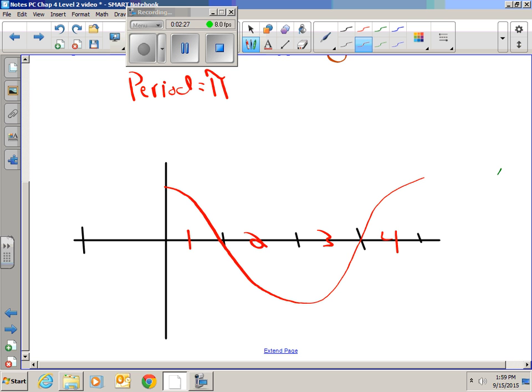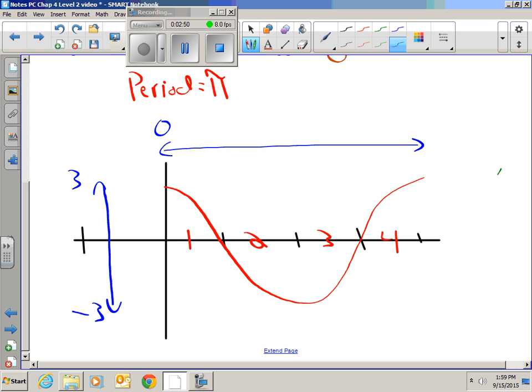I know my amplitude was 3, so this goes from positive 3 to negative 3 on the y. And my period was pi, so this total distance on the x goes from 0 to pi.